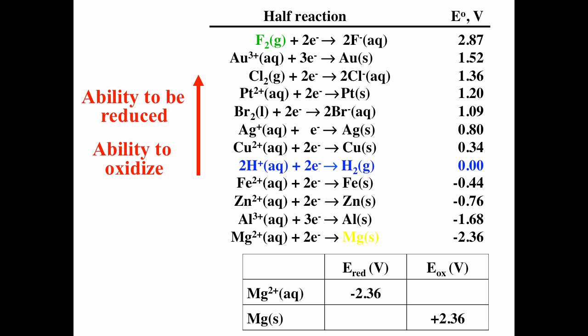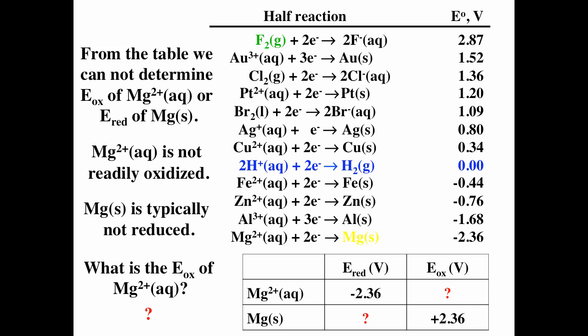And so on this table, we can see that for the magnesium 2+ ion, we have the reduction potential of minus 2.36. We have the oxidation potential for the magnesium metal as plus 2.36. This comes from the half reaction at the very bottom. Now, a question you could ask yourself is, what about the oxidation potential for magnesium 2+? Well, magnesium 2+ does not lose an electron typically, and there is no oxidation potential for magnesium 2+ on this table.